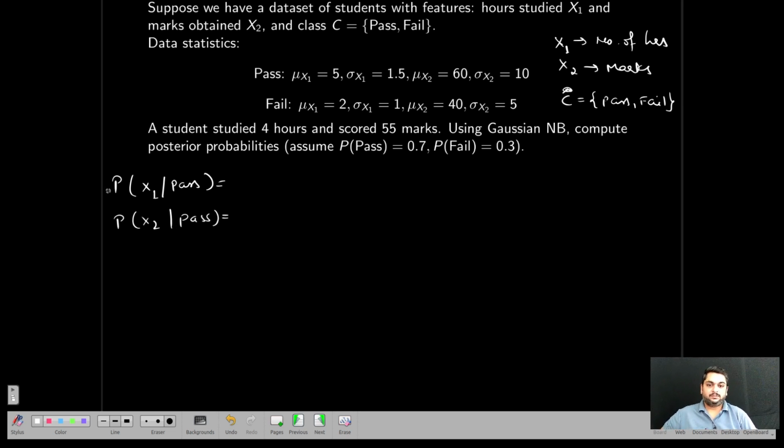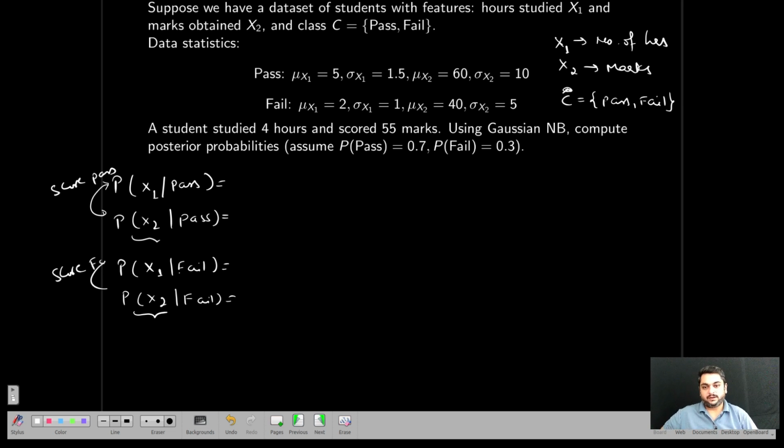Both of these help me give the score for pass. Similarly, I calculate the probability of x1 given fail, then the probability of x2 given fail. These two likelihoods help me give the score for the fail result.